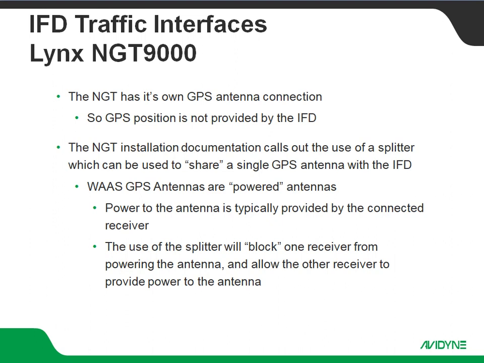If we're going to split it, we can't have it powered from both sources. So the end result of that is the splitter is going to block one side from powering the antenna, making it just a passive receiver, and it's going to pass through on the other side for one of these GPS receivers to power the antenna while both are passively listening.